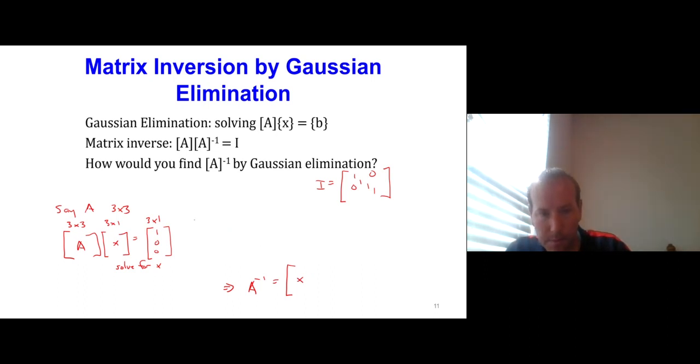And then we would repeat this process with 0, 1, 0. And that would give us the y.